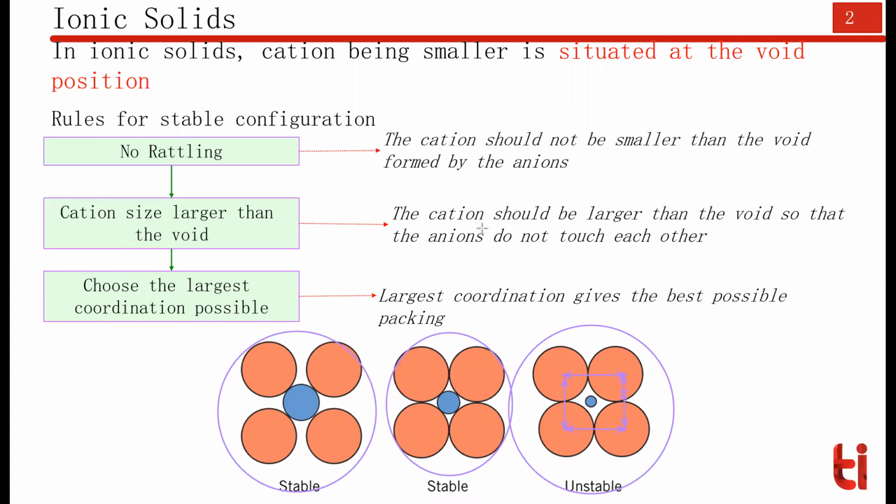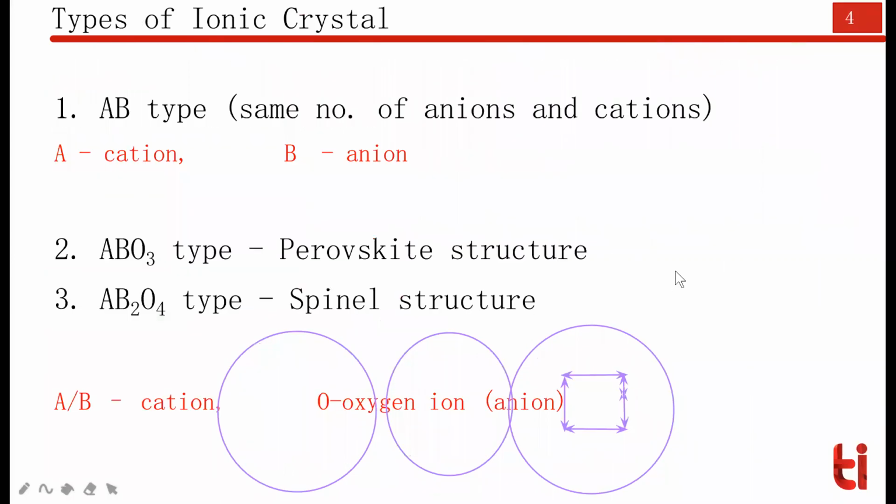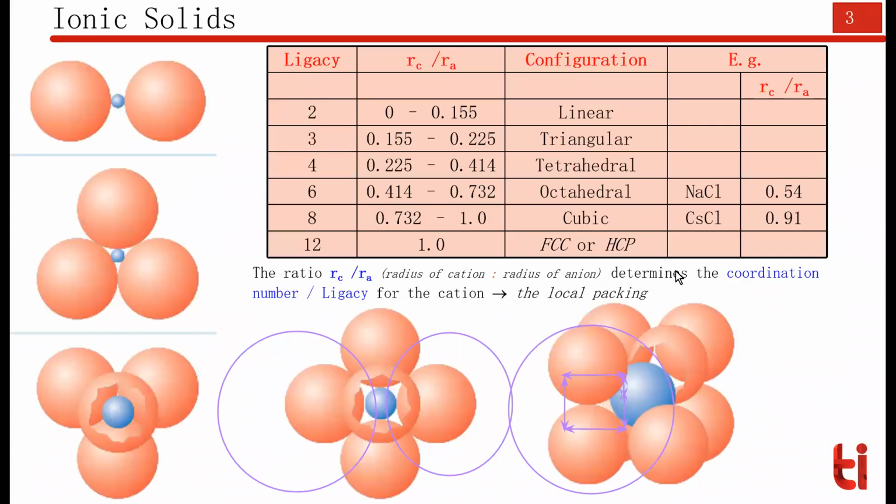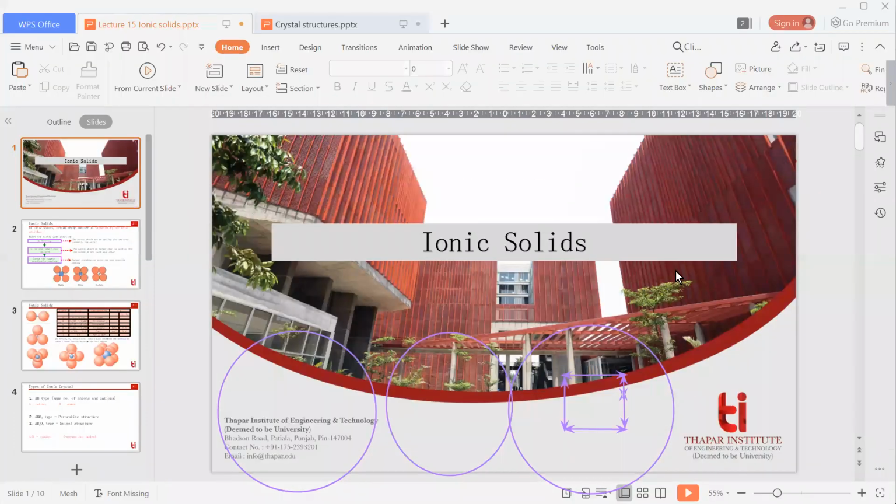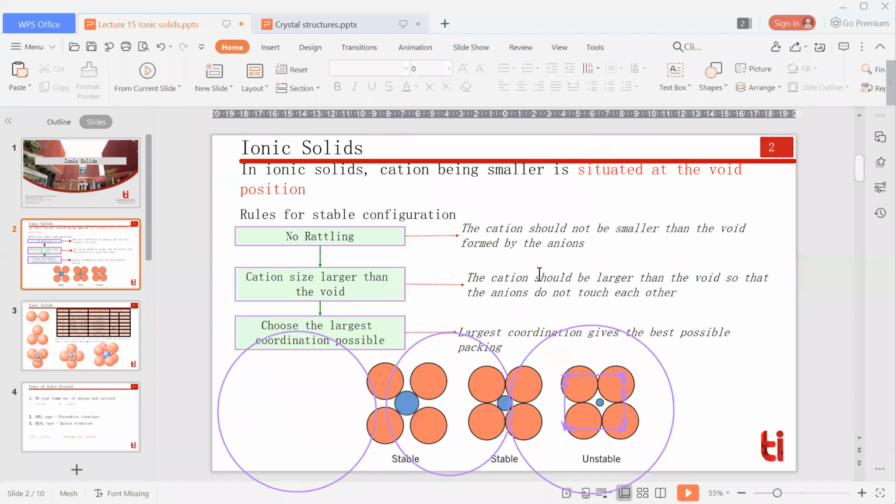Okay, so to avoid confusion, let's put the signs here so that there would be no further confusion. Cation has positive charge and anion has negative charge. So let's put that.